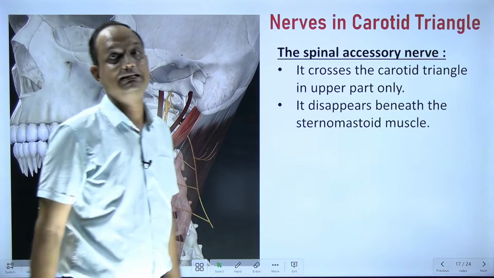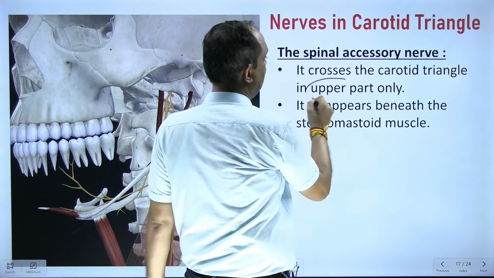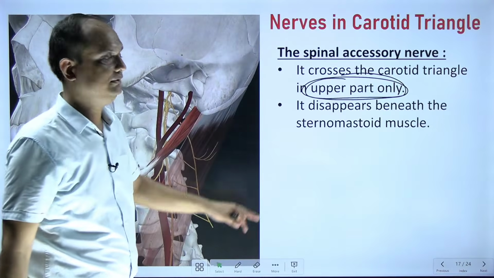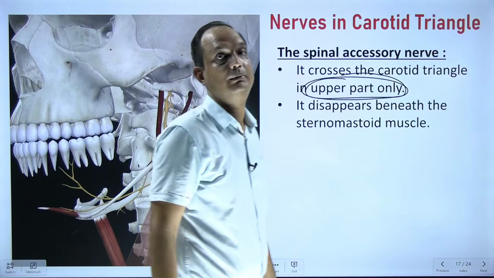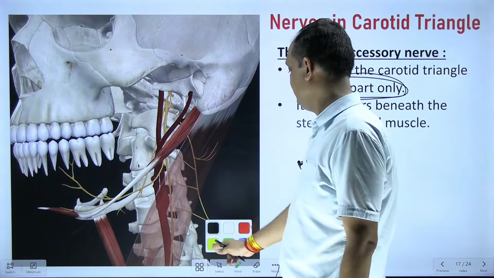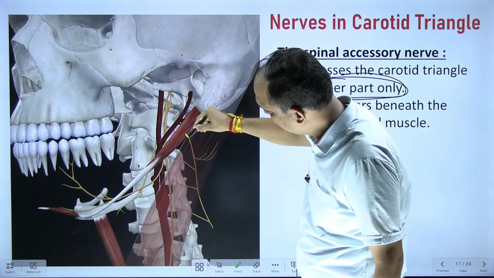First is the spinal accessory. Now the spinal accessory nerve is present only in the upper part of your triangle near the apex, where it disappears deep to the sternocleidomastoid. So in this image, I will tell you where the nerve is.